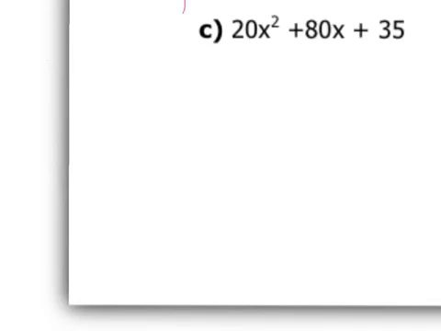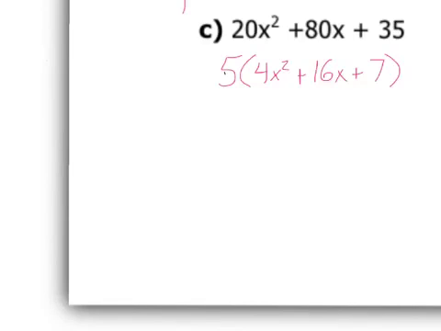So GCF, if I factor out a 5, I'm left with 4x squared. 80 divided by 5, is that 16? I think, yes, it is. So plus 16x, and then 35 divided by 5 is plus 7. Is there anything else I can take out of 4, 16, and 7?